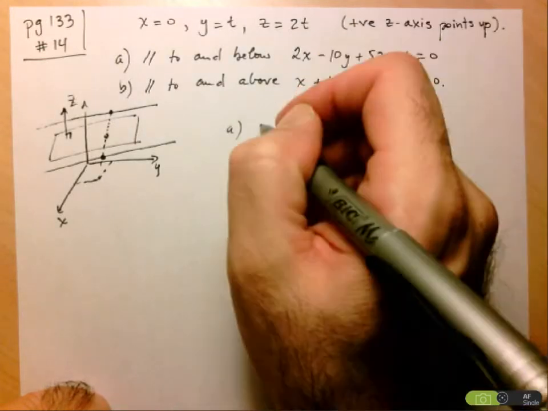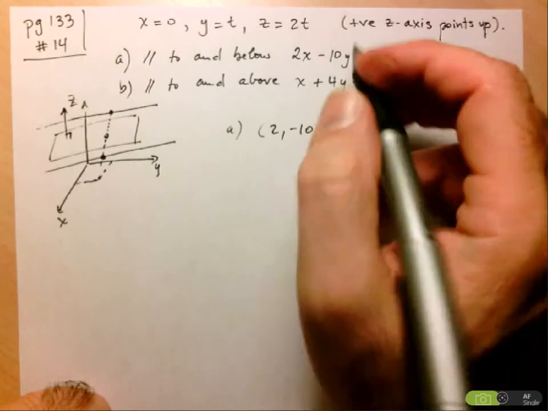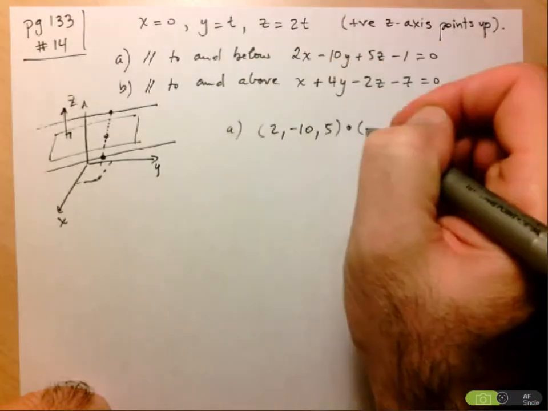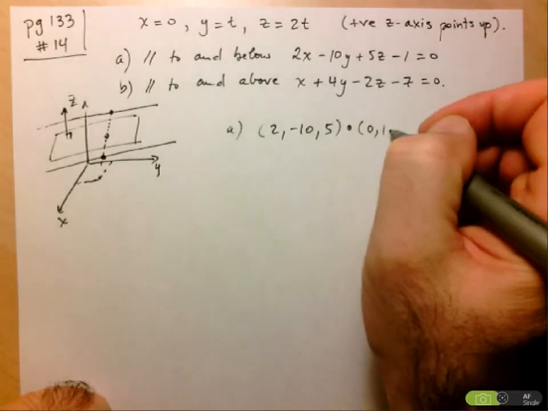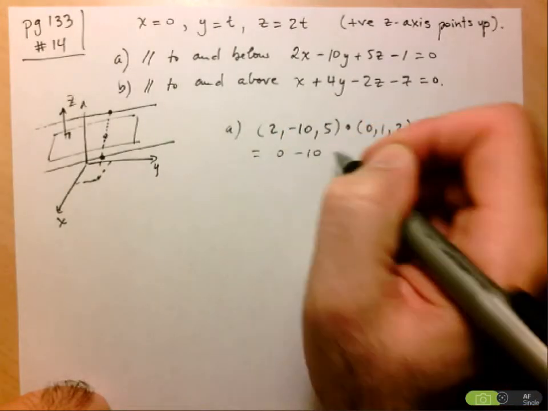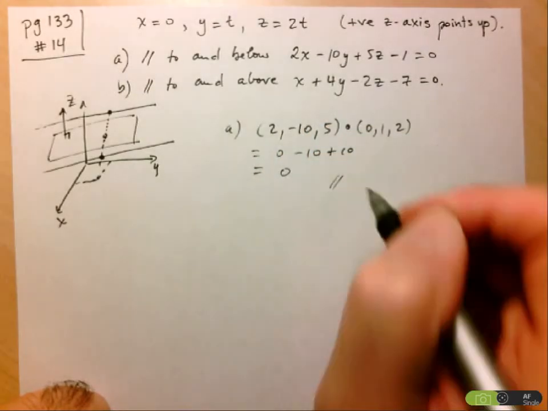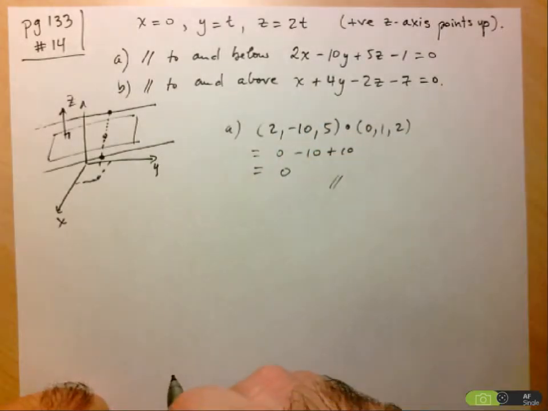Here the plane's normal vector is (2, -10, 5), and we'll dot that with the direction vector here, which is (0, 1, 2). So here we've got 0 - 10 + 10 equals 0. So the line and the plane are indeed parallel.